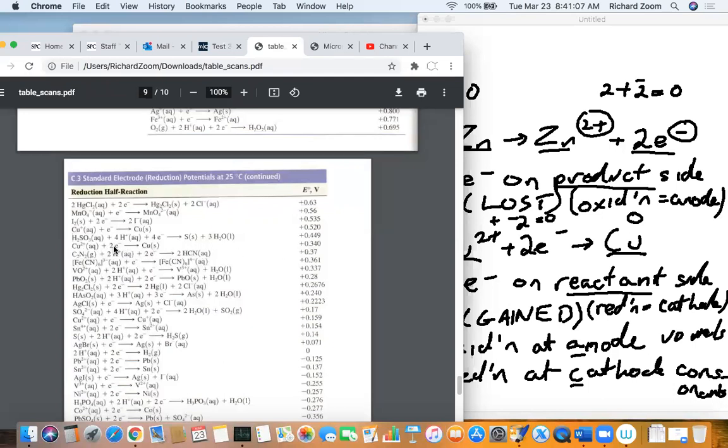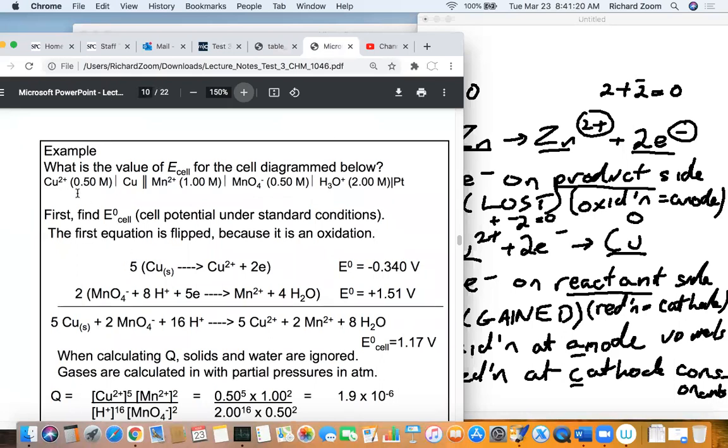So copper 2 plus 2 electrons gives copper. It's positive 0.340 volts. This is a reduction. These are reduction half reactions. It even says it in the table. But because it's listed first, it's actually the oxidation. It's the anode. So I flip it around. So the copper goes to copper 2 plus 2 electrons, and the E0 becomes negative 0.340 volts. Does anybody have any questions so far?